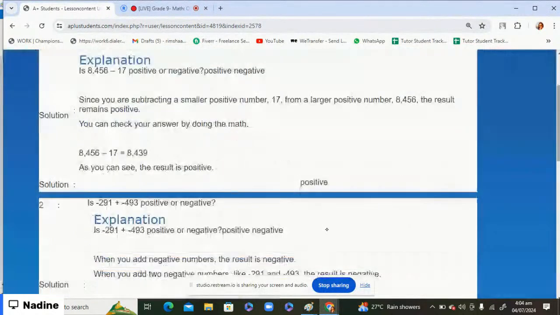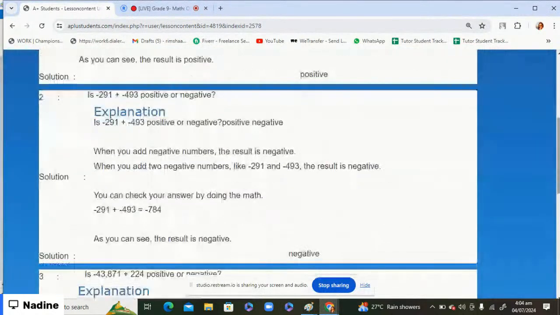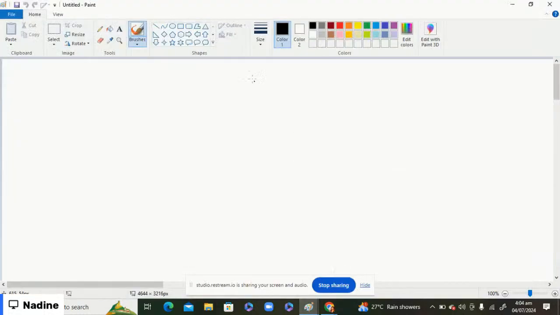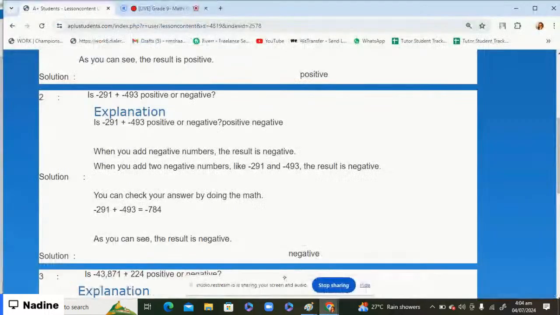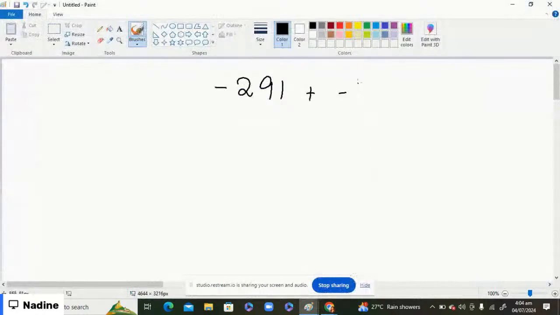So now for the next one, if there is minus 291 plus minus 493, when we add up both of them, I'm going to write it here: minus 291 plus minus 493. Look here, both integers are negative.